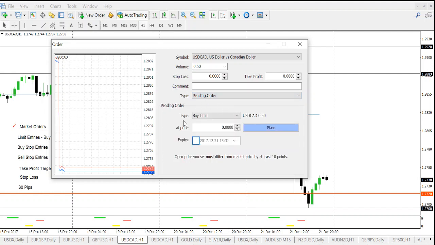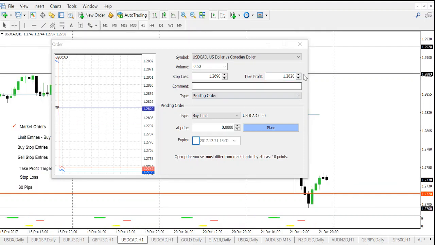Select that, and then you have options of buy or sell. If it was a sell signal, we'd select that. If it was a buy level signal, which this one is, we're going to select that. You select the amount that you want to risk on your trade. You set your stop loss, which again was 126.90, and your take profit, which is 128.20, I believe it was.